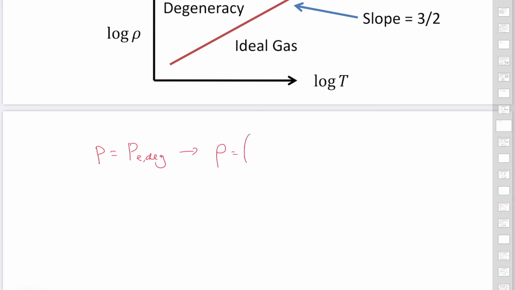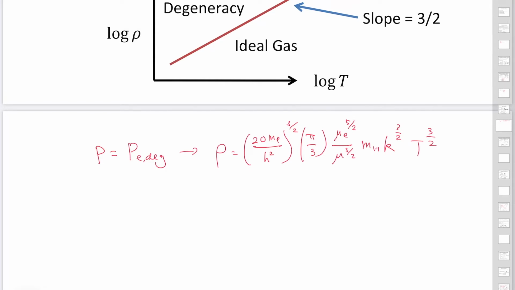It becomes 20 m_e over h squared, to the 3 over 2, pi over 3, mu_e to the 5 over 2, mu to the 3 over 2, m_H, k Boltzmann constant to the 3 over 2, T to the 3 over 2.